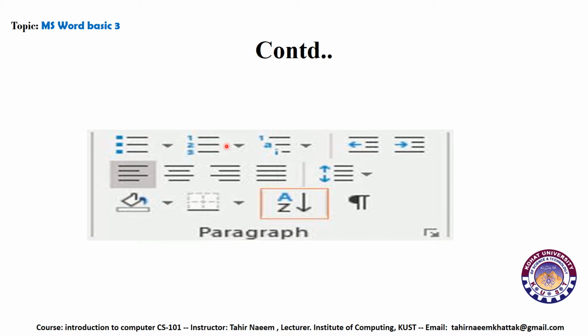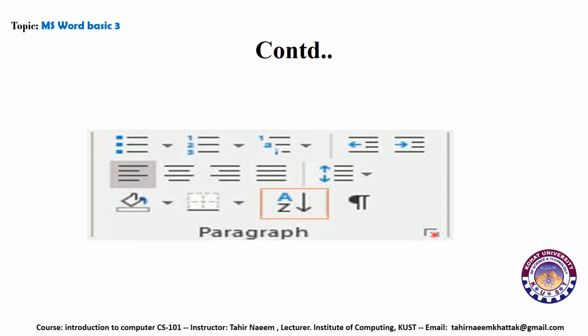This is bullets and this is numbering. This is the multi-level list. This is the alignment. This is shading, and this is border. This is sorting. This is show/hide formatting tools. This is line and paragraph spacing, and this is the right spacing shown in the figure. We will discuss it. And this is the dialog box launcher.